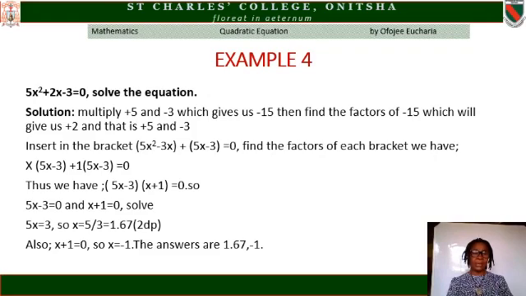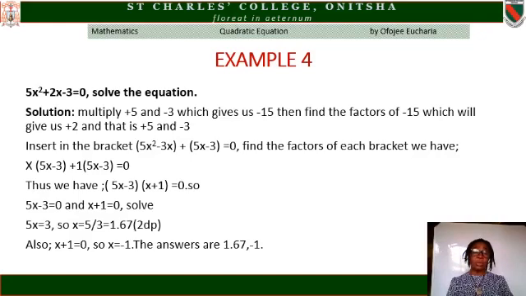The bracket closes. Plus, the factor of the second bracket is 1, and when we bring it out, it is 5x minus 3. Bracket closes, equal to 0. You can now see that they are common, and when we bring them out, we have the factorization as 5x minus 3 in the first bracket, and x plus 1 in the second bracket, equal to 0.